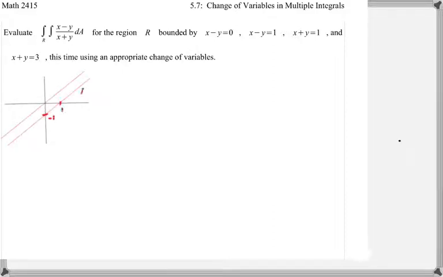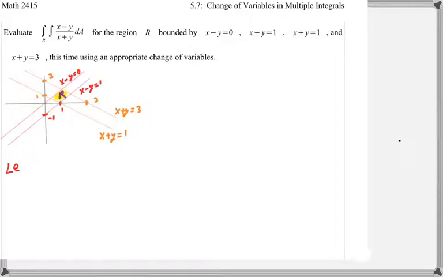So we're going to sketch that same region, and this would be our region R right here.